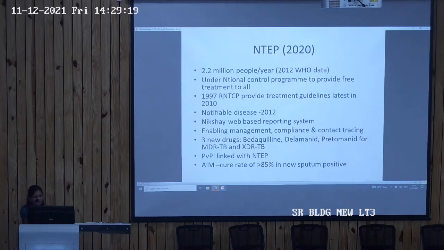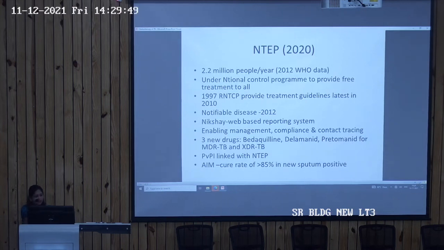Then there are three new drugs which have been introduced: bedaquiline, delamanid, and pretomanid, for MDR TB, multi-drug resistant, and extensively drug resistant TB. Then the Pharmacovigilance Programme of India is also linked with the National Tuberculosis Elimination Program 2020, to manage the adverse effects, because these drugs are highly toxic as they are given for a long time.